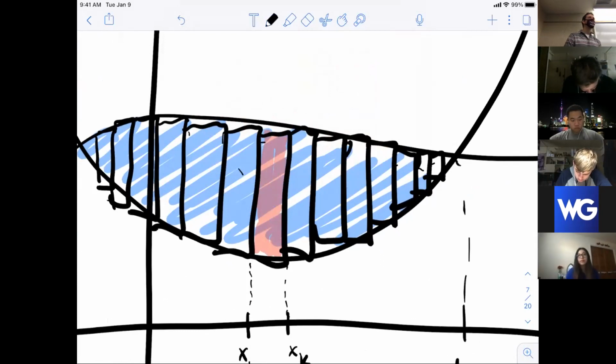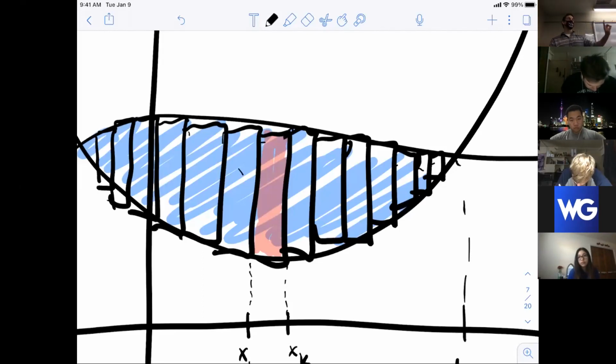It'd be the f of x at x_k. Perfect. f of x or g of x. Exactly right. Yeah. So it was said in class, it's going to be f of x_k minus g of x_k, right? It's just the top minus the bottom.